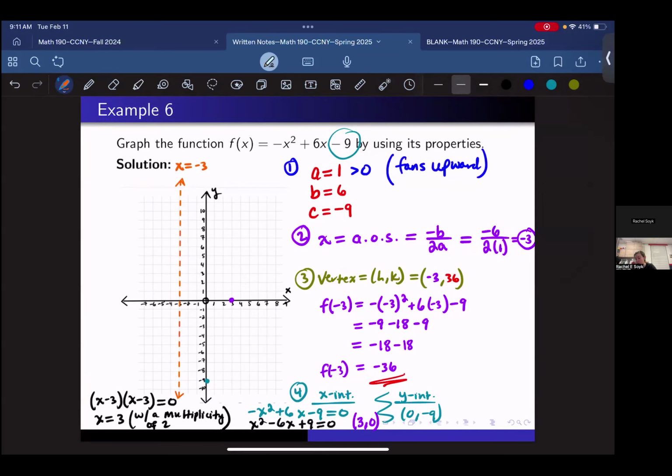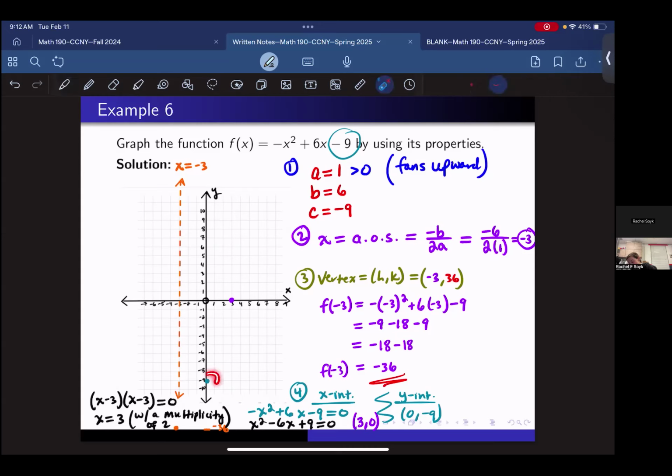And then our vertex is all the way on the bottom, so this probably won't even justify where our vertex is, but I'll put it in there. I'll just say this is -36.